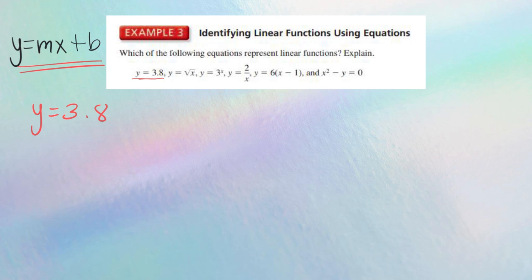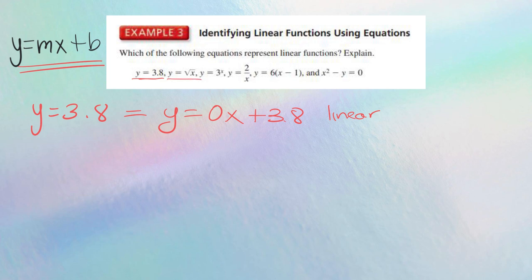Yes, how? Even though I do not have an x, can x still be a 0? So I could rewrite that one as y equals 0x plus 3.8. Just because I don't have an x there, I'm still able to see it as a linear function, okay? So that's going to be linear.